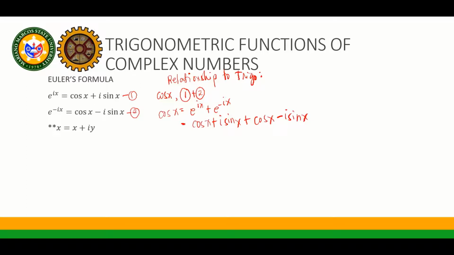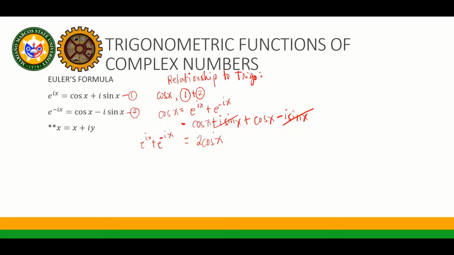And if we combine like terms, this means the positive i sine x and the minus i sine x will cancel. So, we will be left with 2 cosine x, which is equal to e raised to ix plus e raised to negative ix.